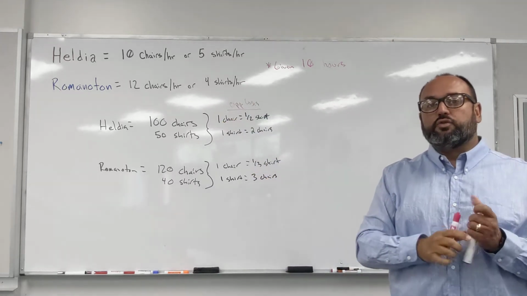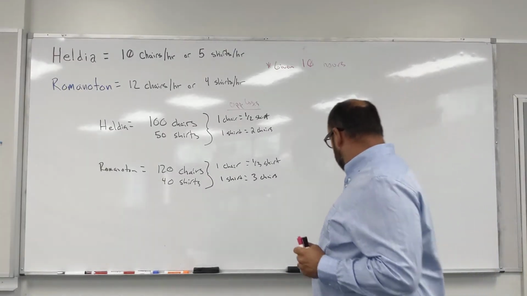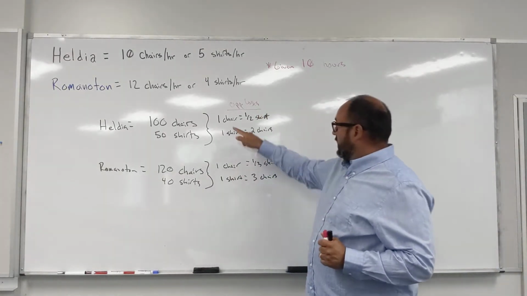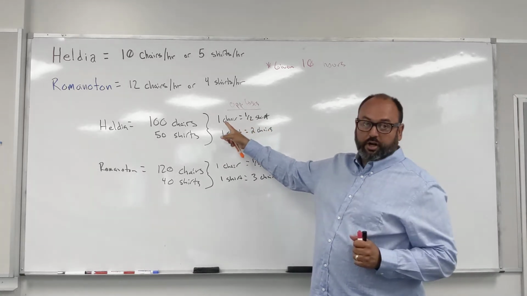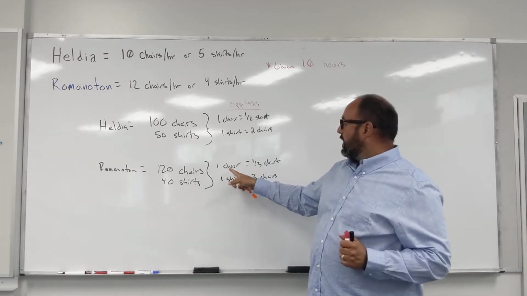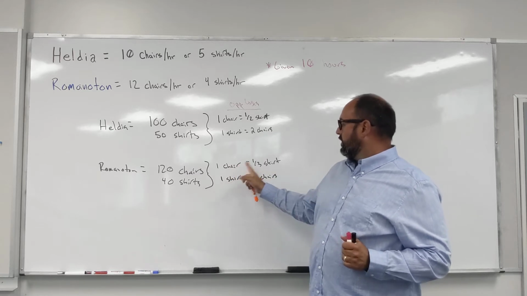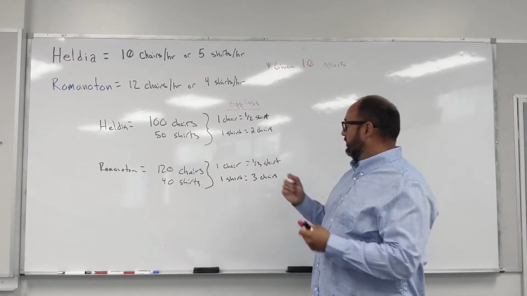Now we have the information because we've created a list of our opportunity costs. We can look and see who's more efficient at each. I know that it costs Heldia half a shirt to make a chair, but it costs Romanoton only a third of a shirt to make a chair.